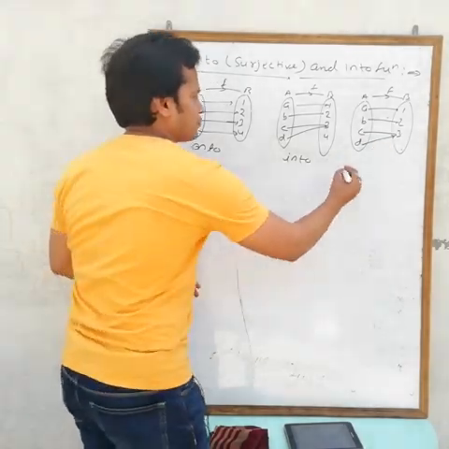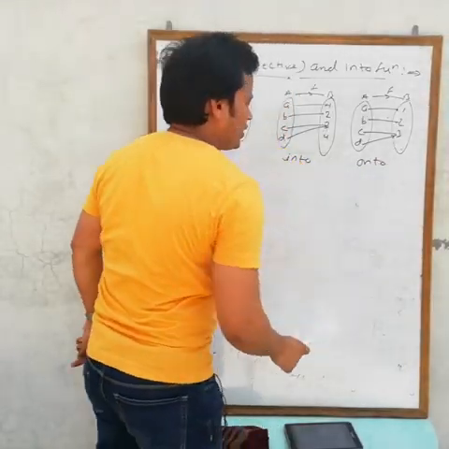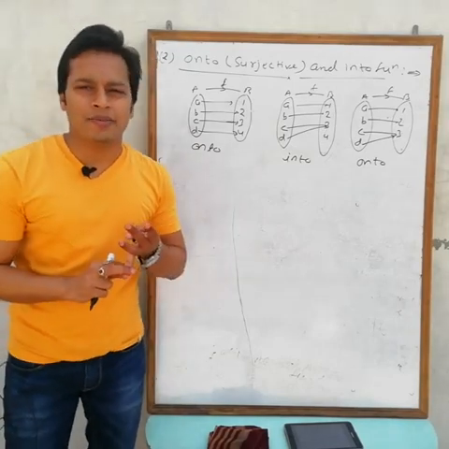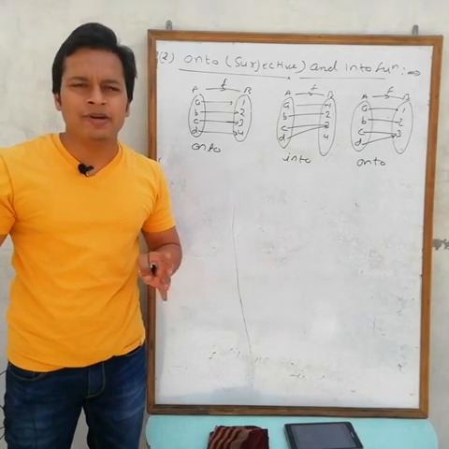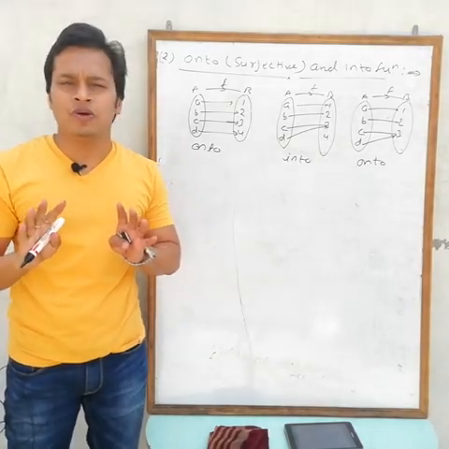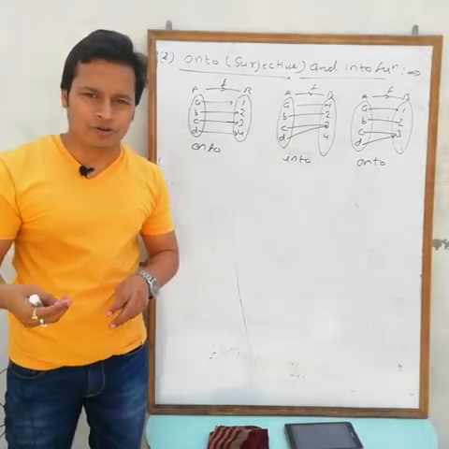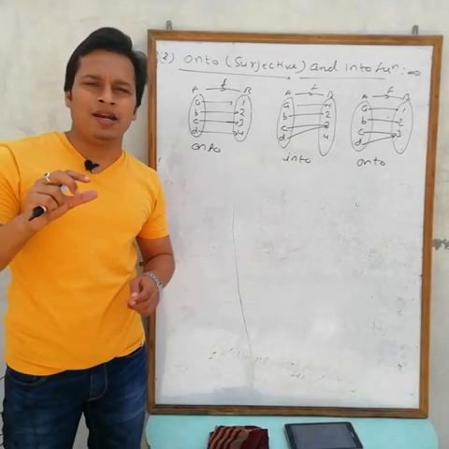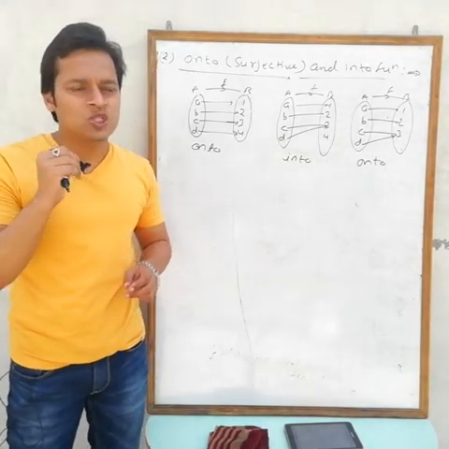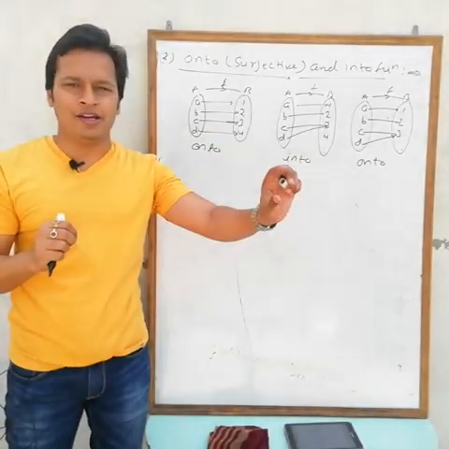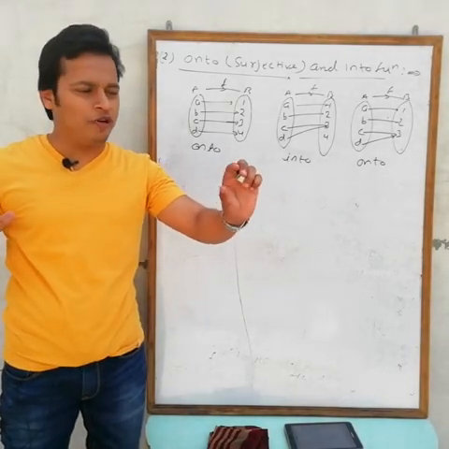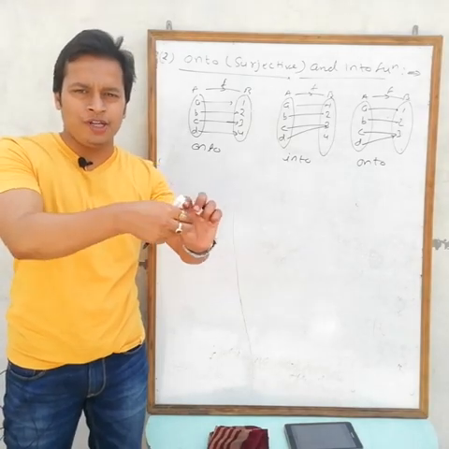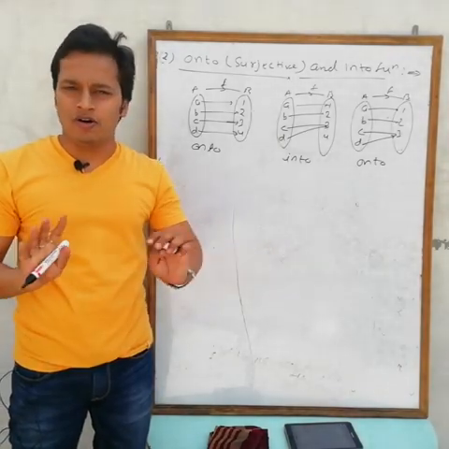So the simple condition is, if each element in B has at least one pre-image in A, then the function is said to be onto, otherwise into. If you want to prove that a function is into, then just find one element in B for which there is no x in A, or just find one y in B for which there is no x in A.